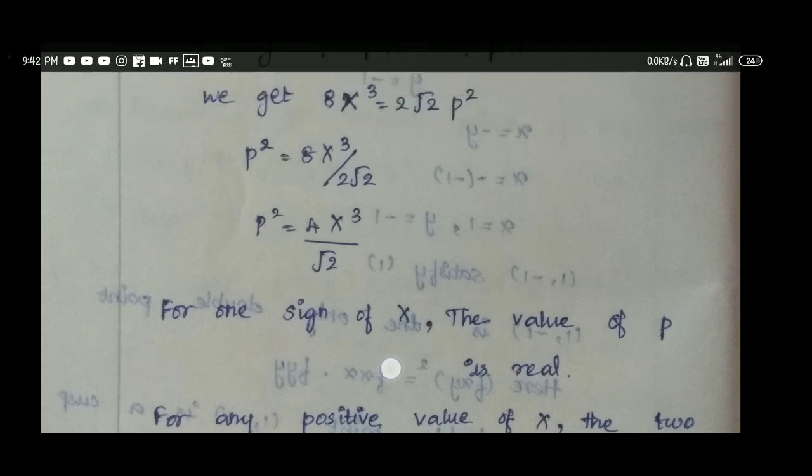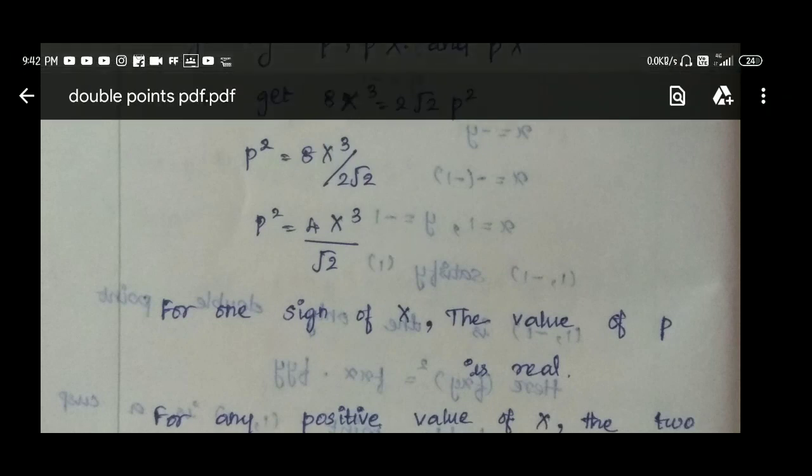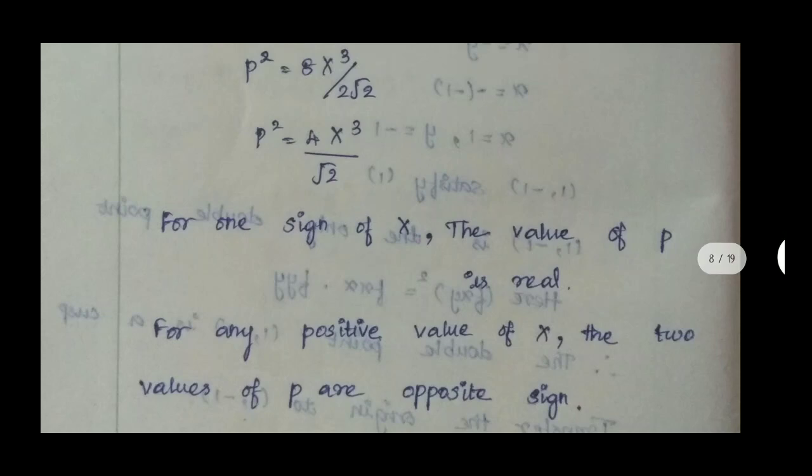For positive values of X, the values of p are real. If we substitute a negative value, p becomes imaginary. So the curve exists on one side of X only.